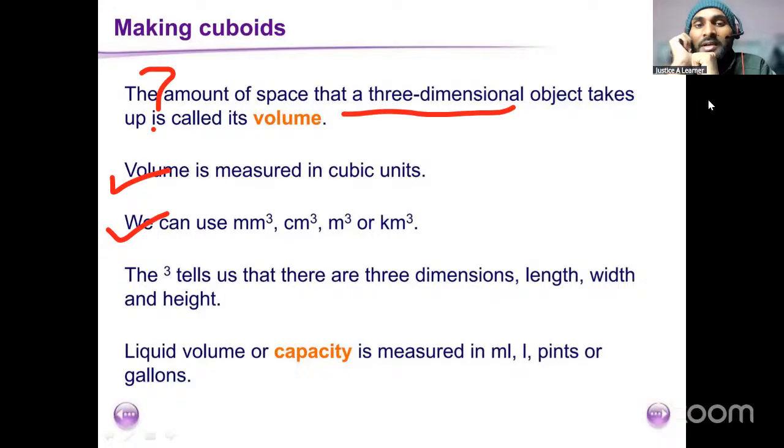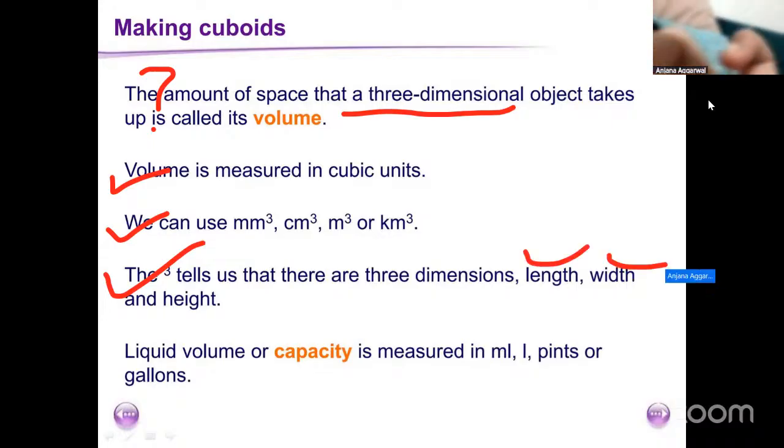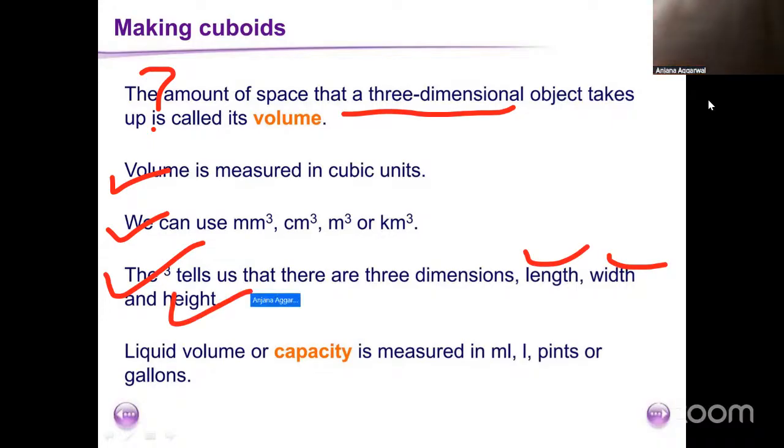But when we are talking about volume, the 3 tells us that there are 3 dimensions: length, width, and height.